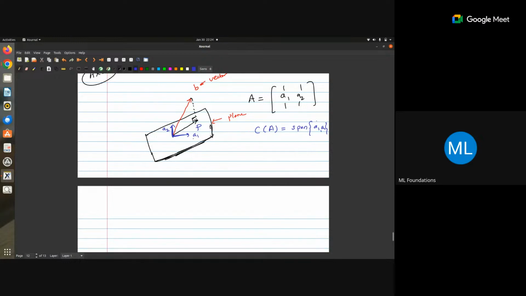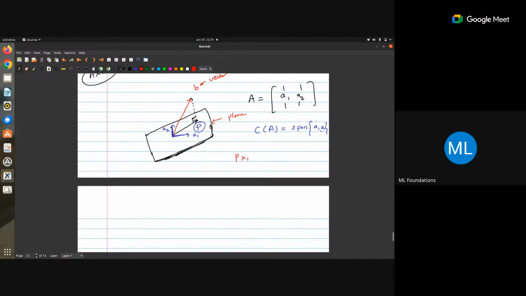And this vector P, the projection of vector B onto that plane, is in the plane formed by the vectors A1 and A2, or linear combinations of A1 and A2. Can I say that this is solvable now? Can I find out P?